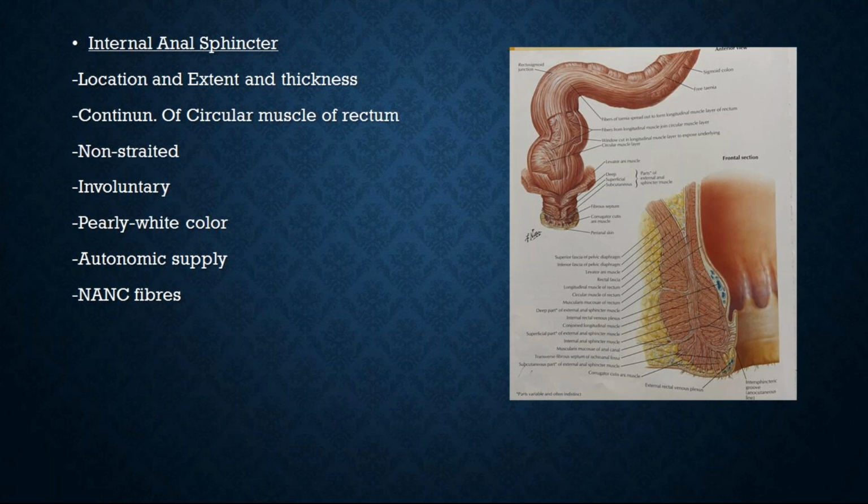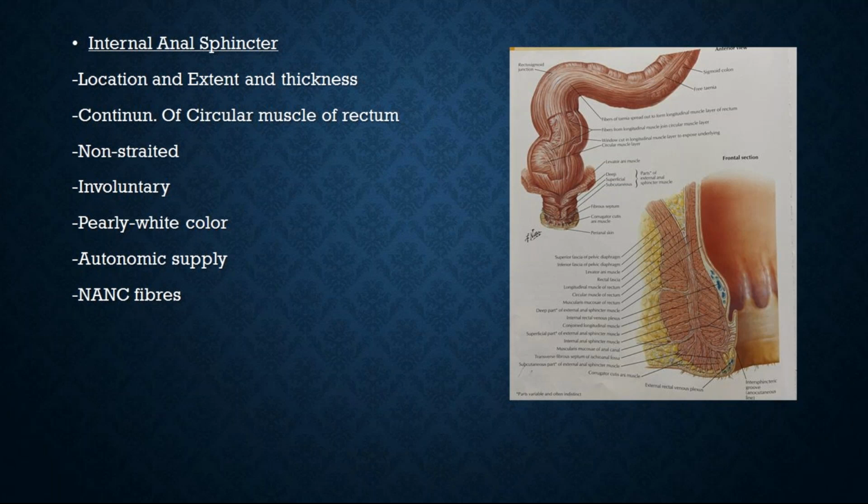The internal is pearly white in color. The external is in continuation with the fibers of levator ani, whereas the internal anal sphincter is a continuation of the circular muscle coat of the rectum, which continues down as the internal anal sphincter. The external sphincter is supplied by the inferior rectal branch of the pudendal nerve. The internal anal sphincter is supplied by autonomic supply.